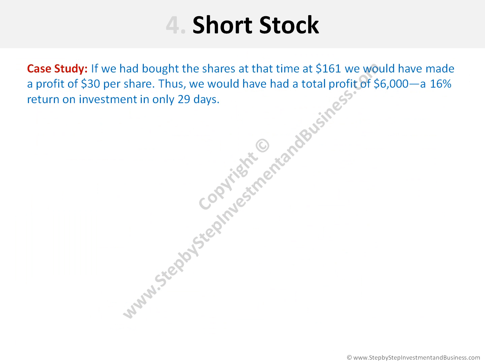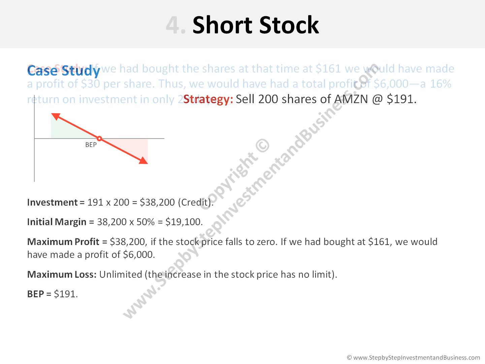If we had bought the shares at that time at $161, we would have made a profit of $30 per share because we had sold at $191. Thus, we would have had a total profit of $6,000, making a 16% return on investment in only 29 days.